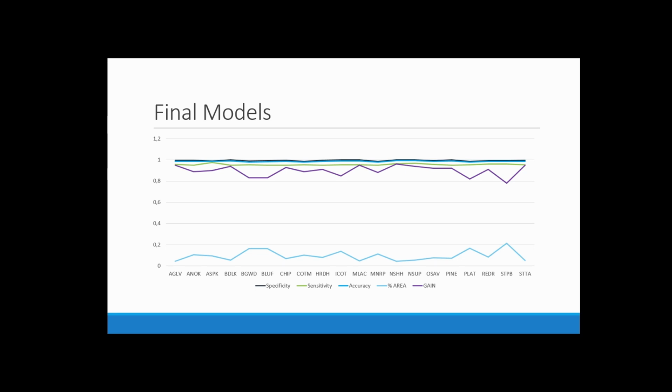The blue line at the bottom shows the percent area classified as high probability, which is less than 20% everywhere, and it's much better than our earlier models. And then the gain statistic, Kvamme's gain statistic, you can see is the purple line, and that varies because the amount of area classified as high probability varies.